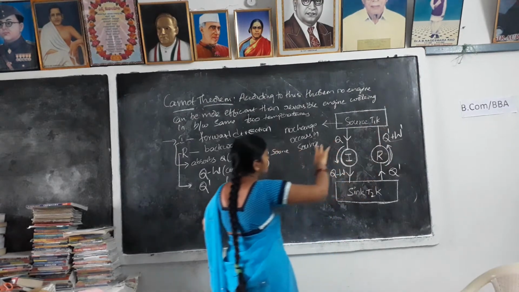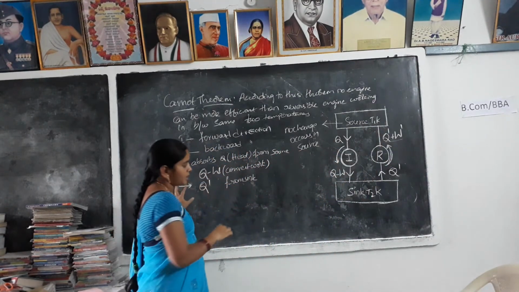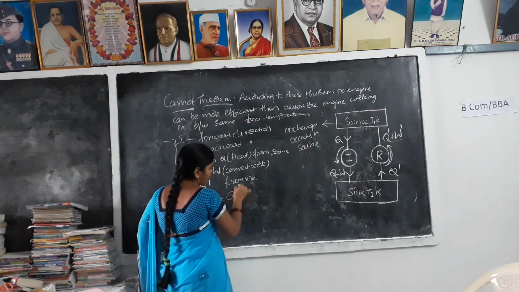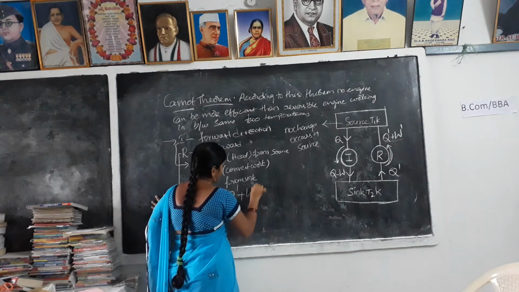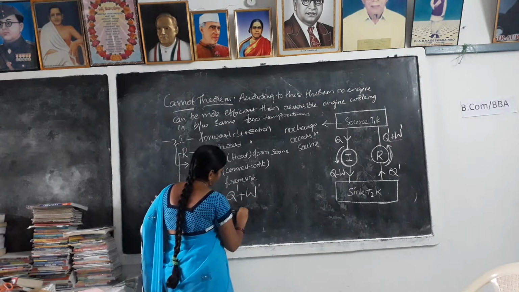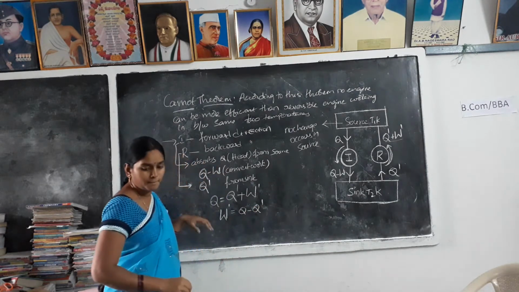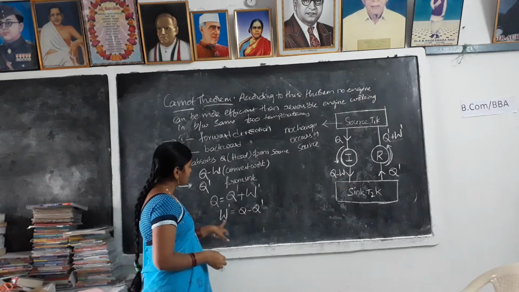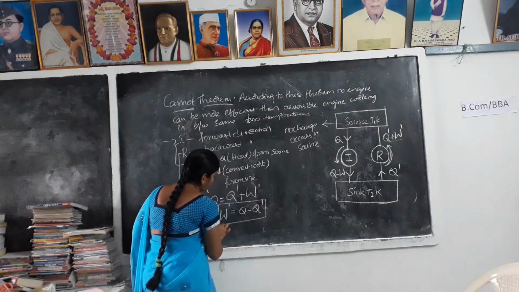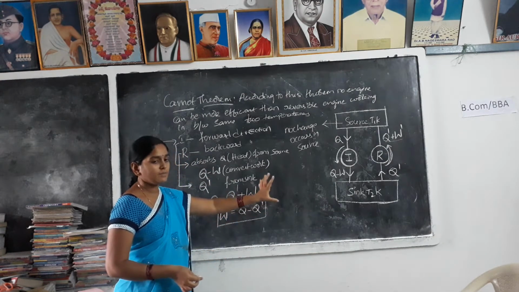That means no change occurs in source. For suppose here Q equals Q dash plus W dash, then W dash equals Q minus Q dash, right? So this is the amount of work which is done in this reversible and irreversible engine.